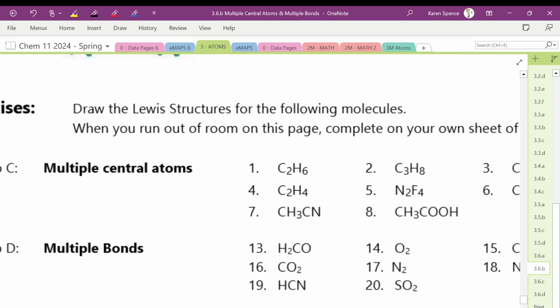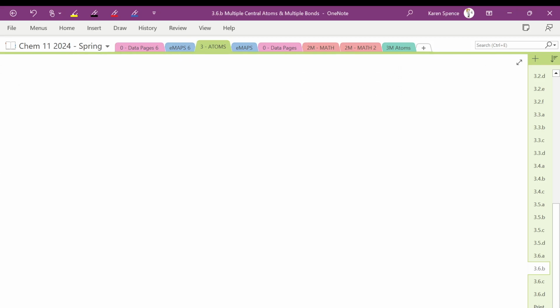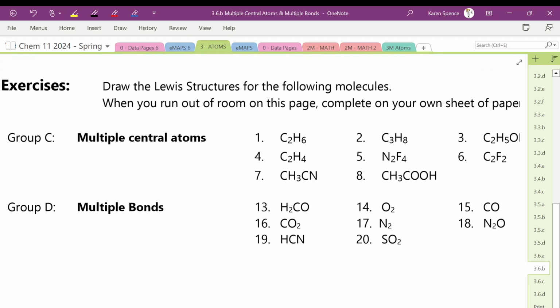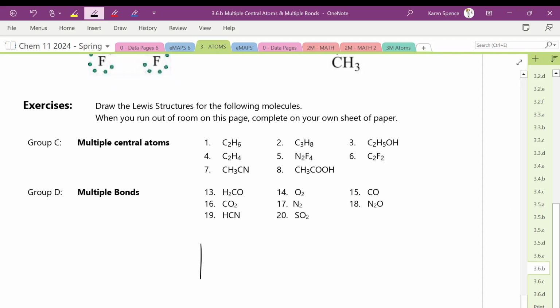So you're going to do on page 117 numbers 1 through 4 and 13 through 16.